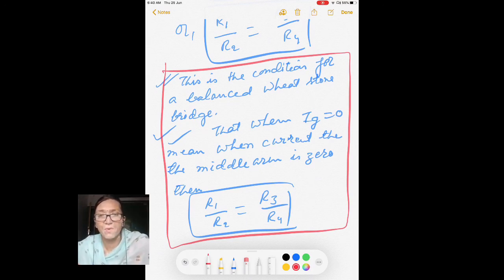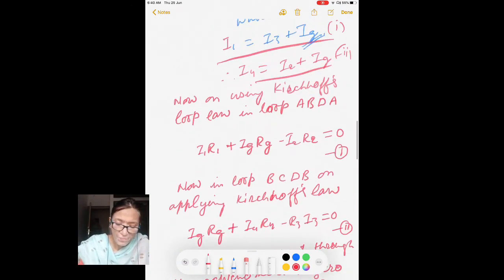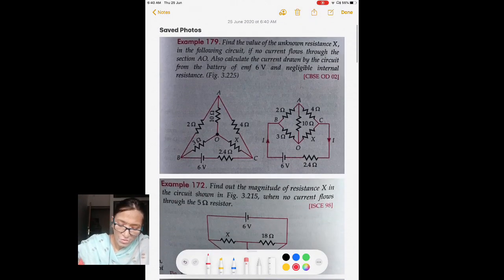Now let us do some numericals based on this. So this is your first one.